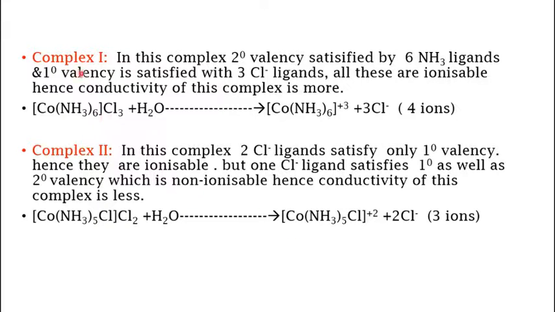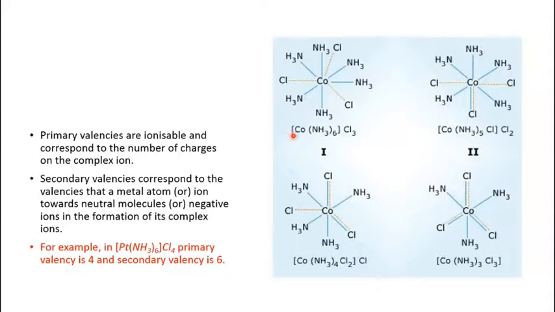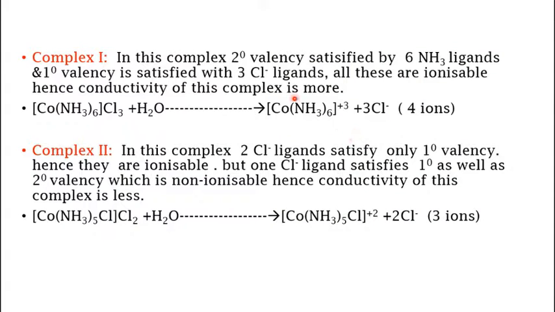In complex 1, as you can see here, there are three chloride ions which can be ionizable. In this complex, the secondary valency is satisfied by 6 ammonia ligands, because the secondary valency is nothing but the coordination number. So there are 6 secondary valencies, and there are 3 primary valencies, because the oxidation state of cobalt is 3.